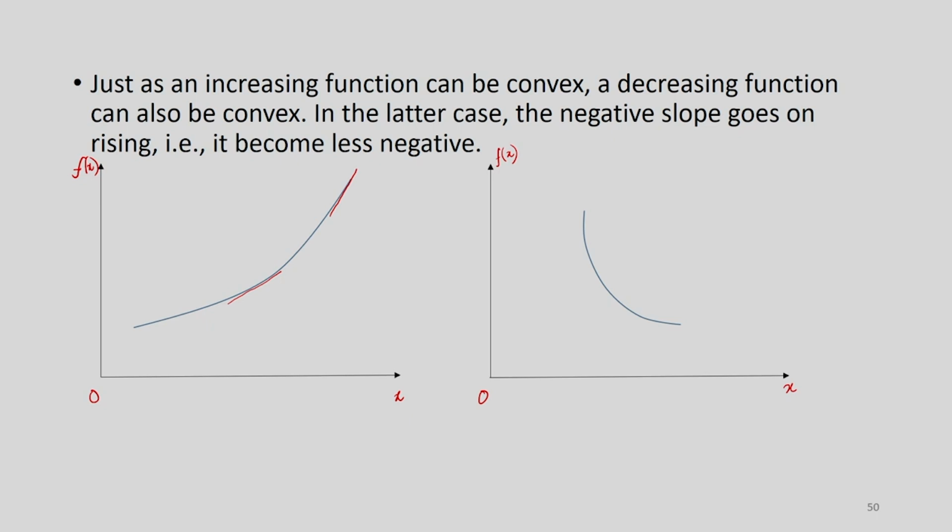So, the only thing we have to notice is what is happening to the slope. Is it rising? If the slope is rising, then it is convex. So, it is immaterial whether the function is a rising function or a declining function. On your right you have a declining function, but the slope is rising.